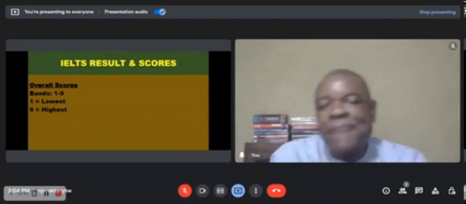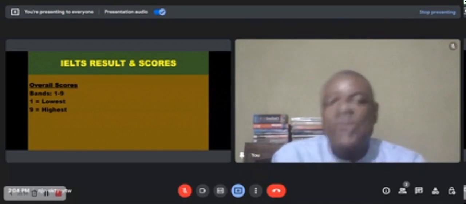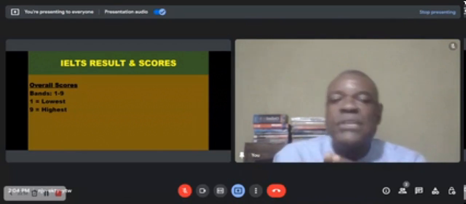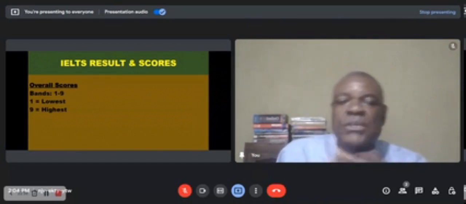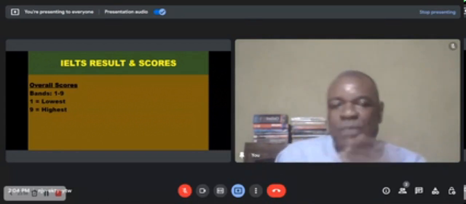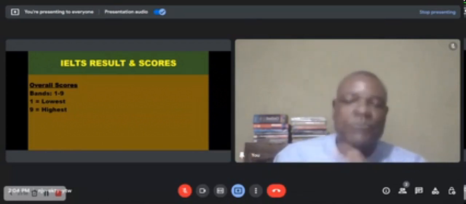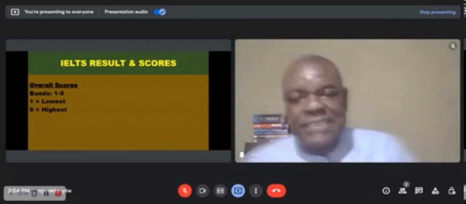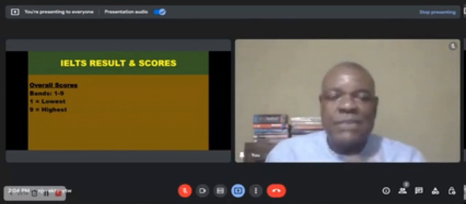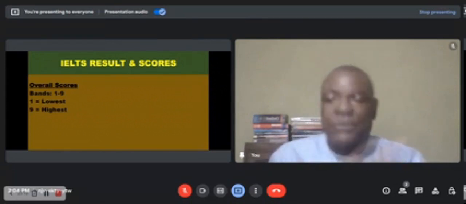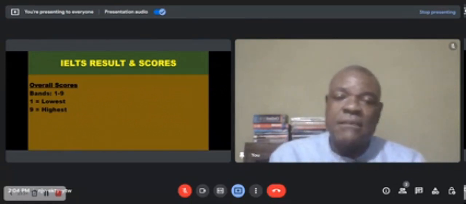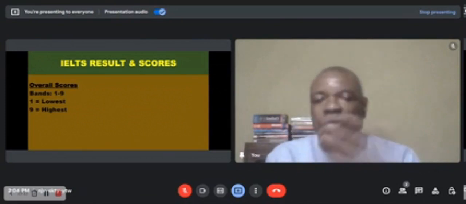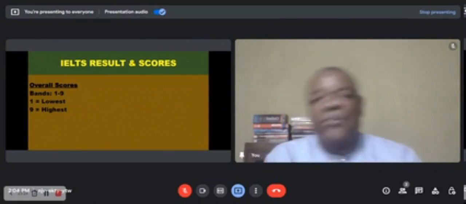But apart from obtaining a good overall score, you also need to pay attention to the scores you obtain in the various modules, because an institution might require certain scores for certain modules. For example, an organization or an institution might want you to obtain 7 or 7.5 band in listening or in speaking, in writing or in reading.